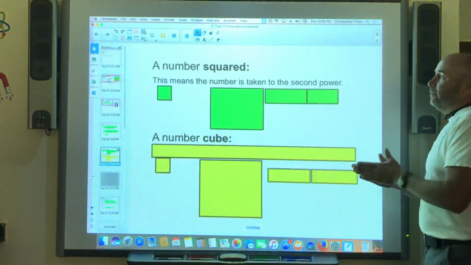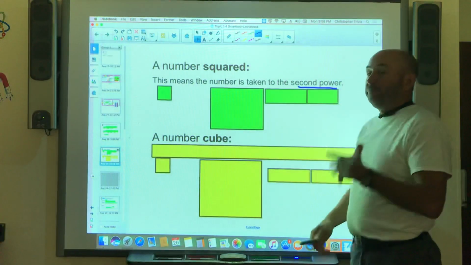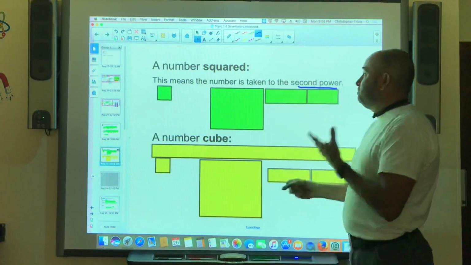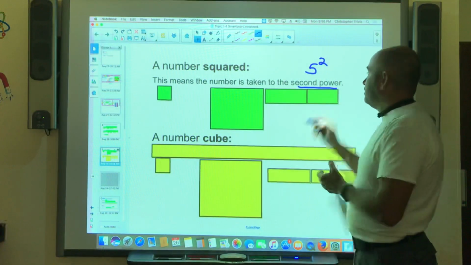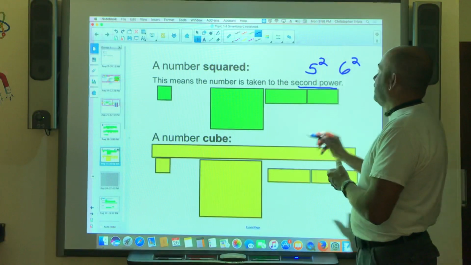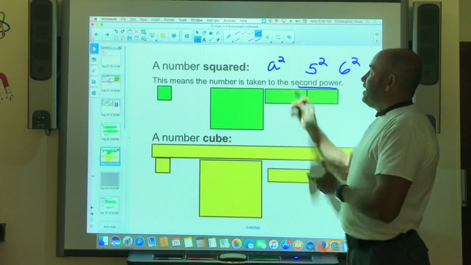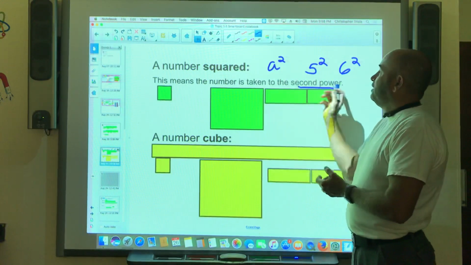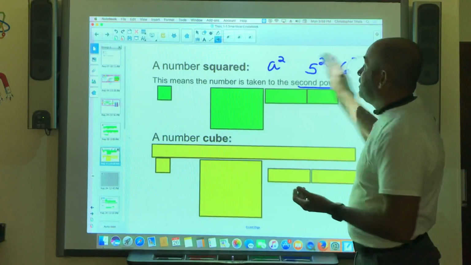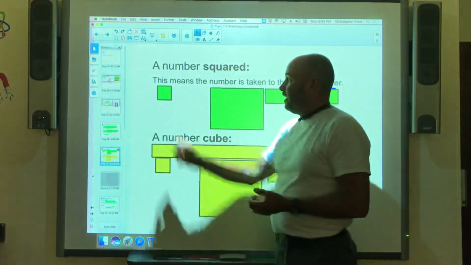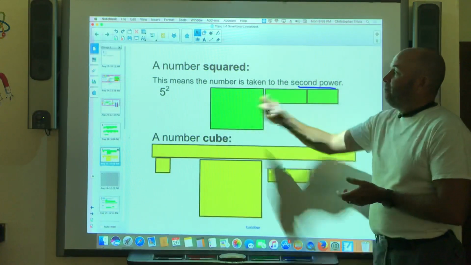This means the number is taken to the 2nd power, meaning 2 is going to be the exponent. 5 squared, 6 squared, a squared, okay? That means that 2 will be the exponent when a number is squared. 5 to the 2nd power, okay?